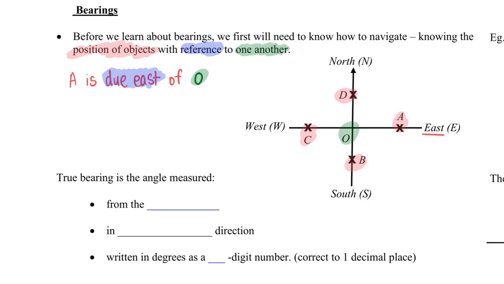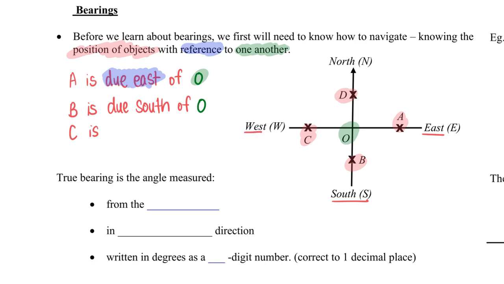A is east of O. So B is due south of, again, O. I guess you can see where we are going towards already, right?